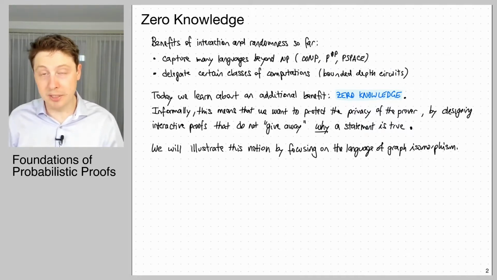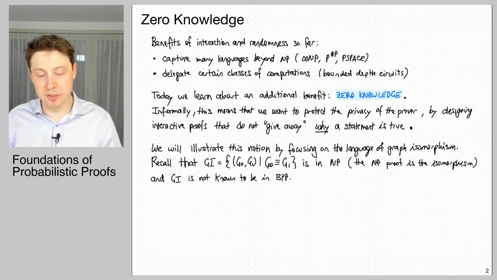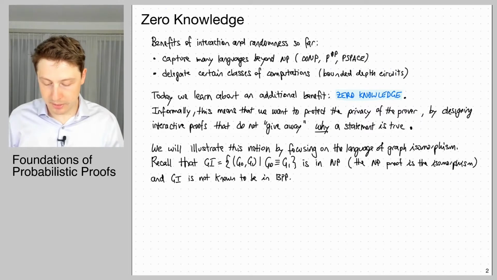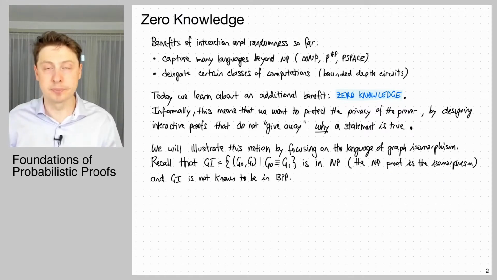So we'll use that today as the running example. Just to remind you, graph isomorphism is the language where we have two graphs, G0 and G1, and we want to convince a verifier that they're isomorphic.